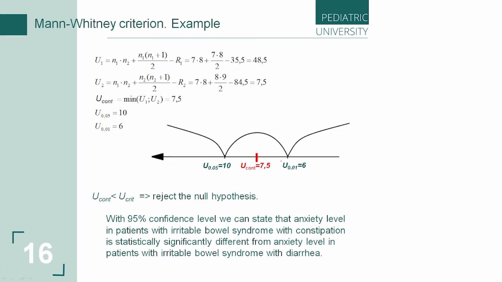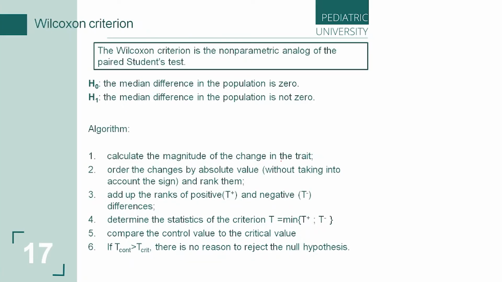So that was for independent samples, but what happens if we have dependent samples? If we have dependent samples, we have to use the Wilcoxon T criterion. In your calculation work in practice, the samples are dependent: before and after a procedure, or before and after different drugs. So we need to use this criterion.